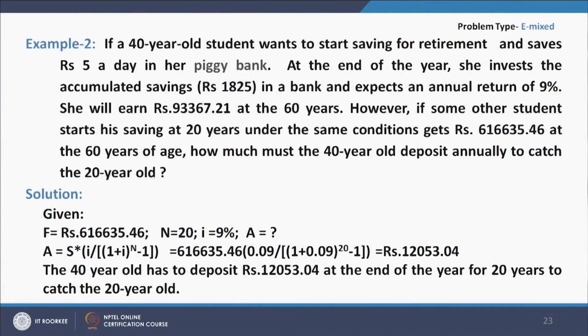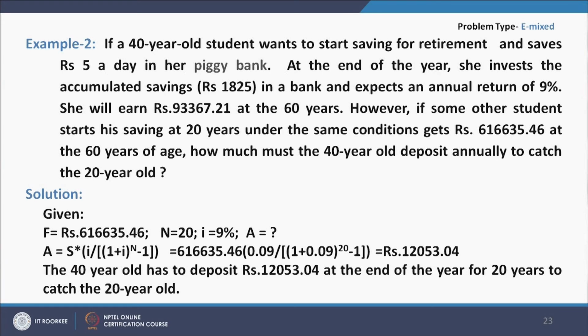This is the question, and what are given and what are absent? We see F is given, 6,16,635.46, n is given 20 years, I is given 9% and A is missing, that we have to calculate.